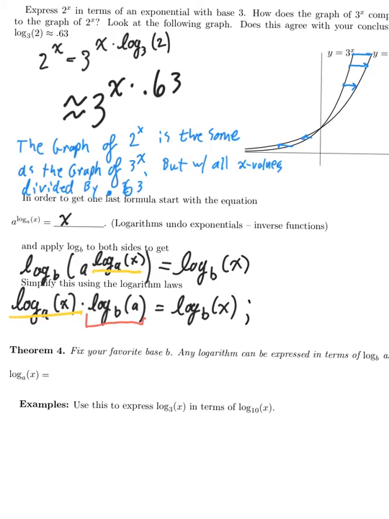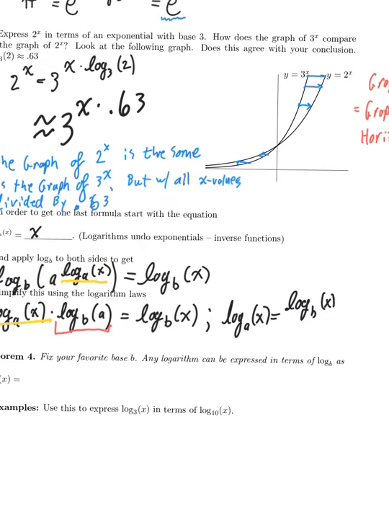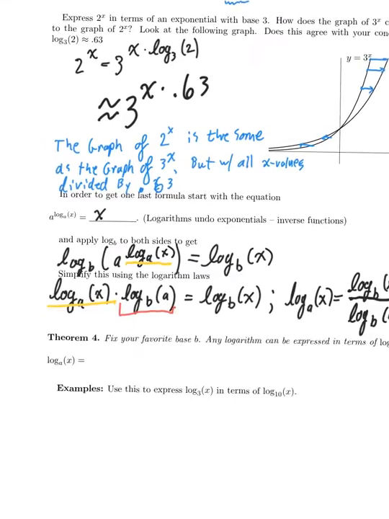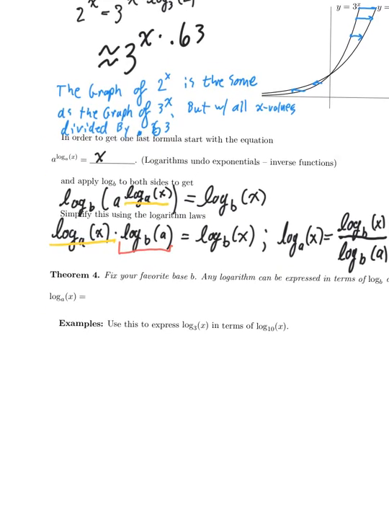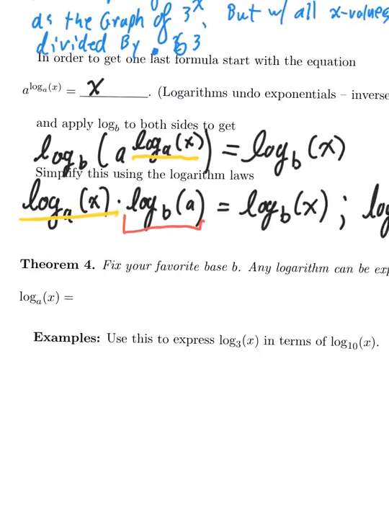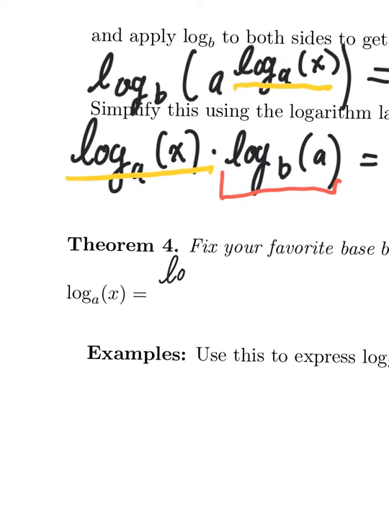That'll give me log base a of x is equal to the log base b of x divided by the log base b of a. And this is an important formula, and I'm about to write it again. The log base a of x for any base a can be written as the log base b of x divided by the log base b of a.